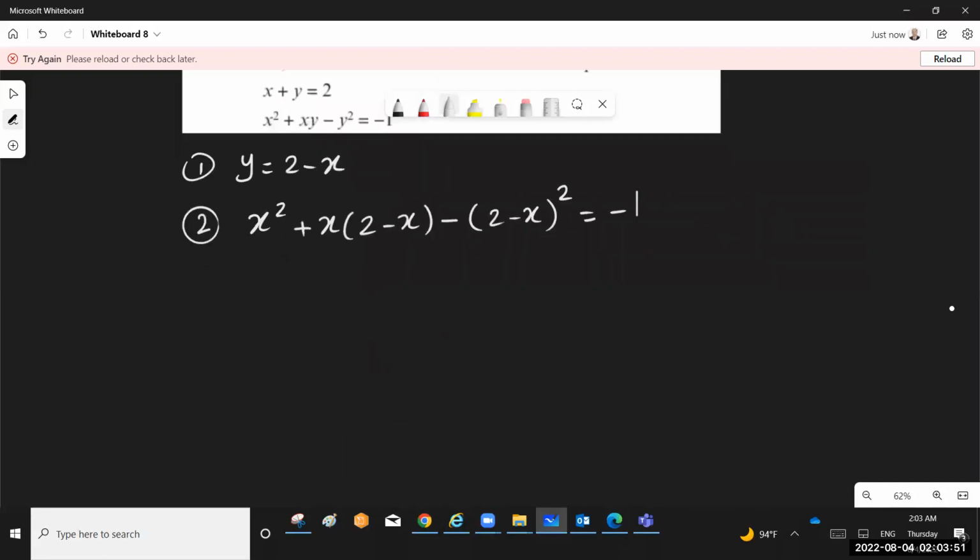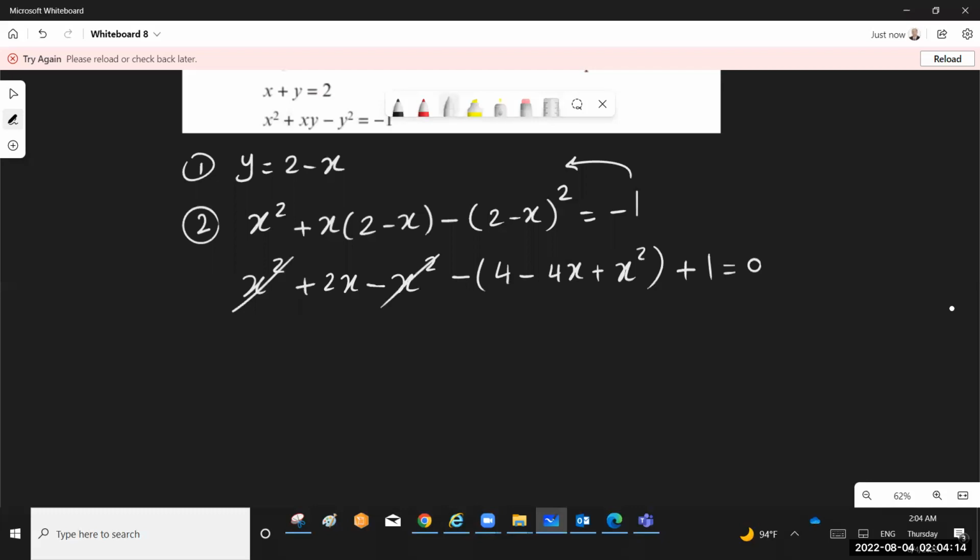By solving this, you'll get x squared plus 2x minus x squared minus the bracket of 4 minus 4x plus x squared, which is the squaring of 2 minus x, or 2 minus x times itself, plus 1 is equal to 0. I bring negative 1 to the other side. Now x squared minus x squared is 0.